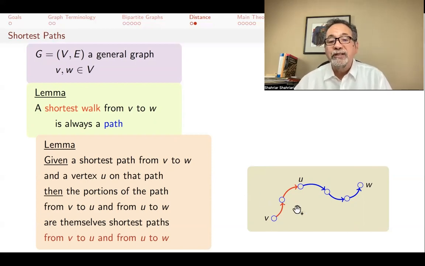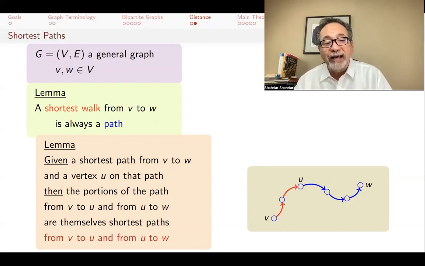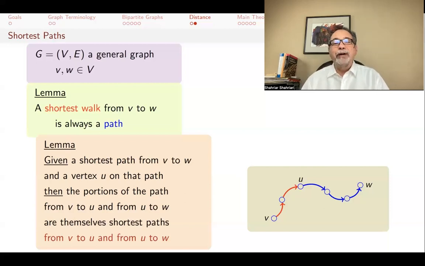Because if there was a shorter path from V to U, then we would have taken that shorter path and found our way to W faster than we already did. So if you already have a shortest path from V to W, all along the way, you must have used a shortest path from V to every one of the points on that path. And by the way, we say a shortest path as opposed to the shortest path, because there may be several paths that are equal length.